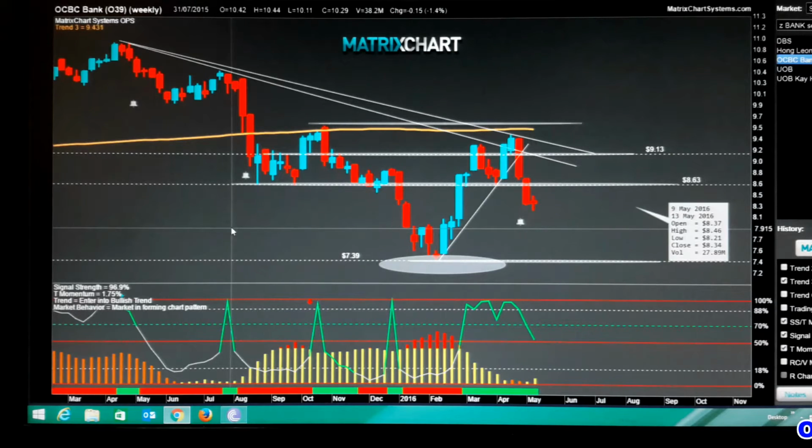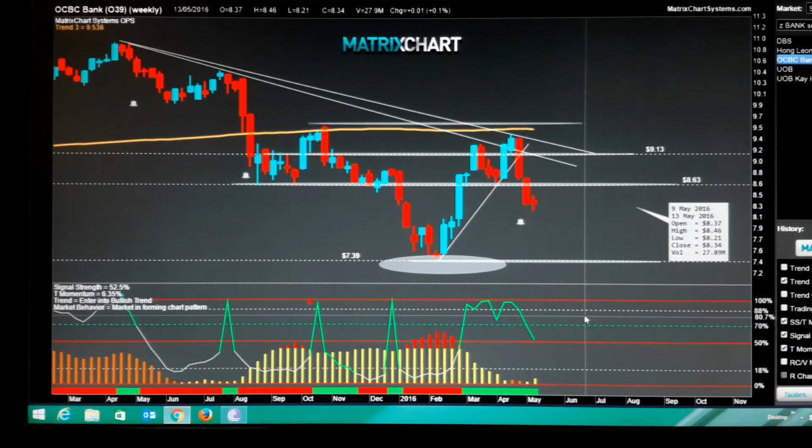In the bigger picture, the top is right over here and we have a major wave 1 right here, wave 2, wave 3 and wave 4. Therefore, we shall determine the major wave 5 right over here below the price level 7.39, due to the reason that the high of this region is lower than the high of this region.